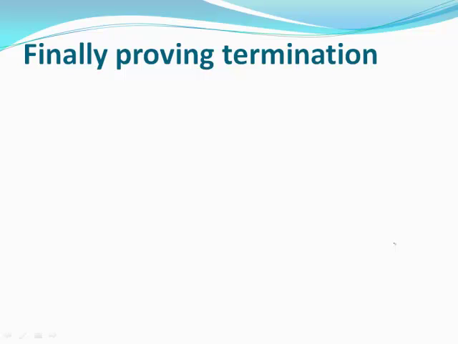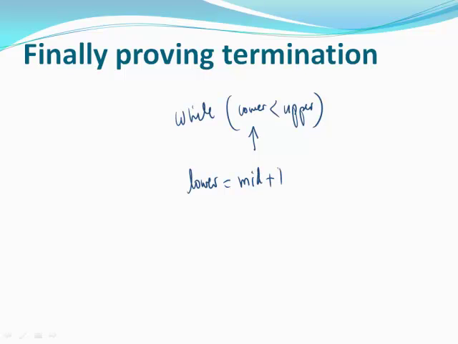Okay, so finally, proving the termination. Now our loop condition is while lower is less than upper. We do know that lower is always increasing, so the only way lower changes is lower becomes mid plus 1. So lower is an increasing function, and upper is always decreasing, because the only way upper changes is upper becoming mid.